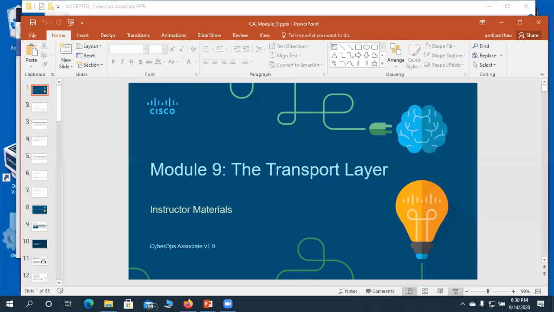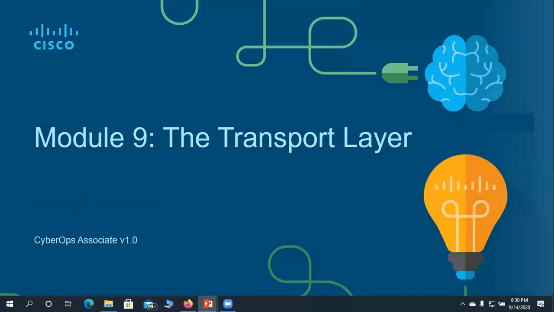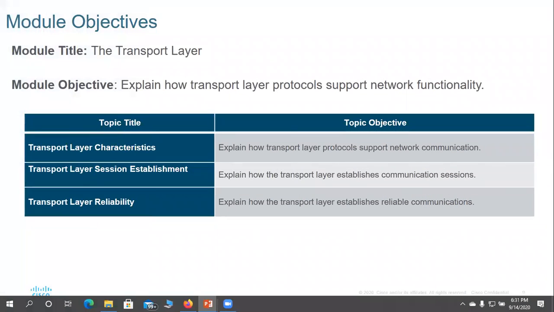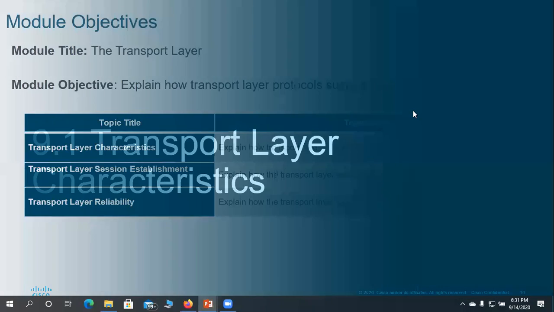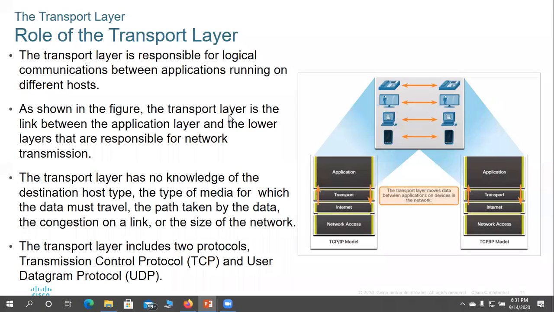Okay, we'll move on to Module 9, the transport layer. So the main objective here is to explain how transport layer protocols support network functionality. So what are some of the characteristics of the transport layer?